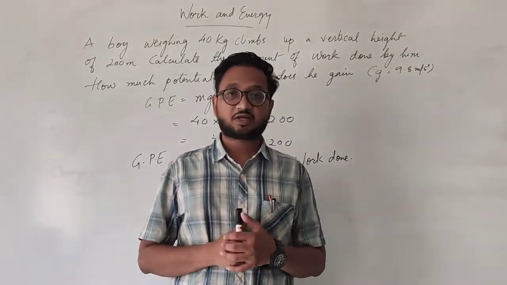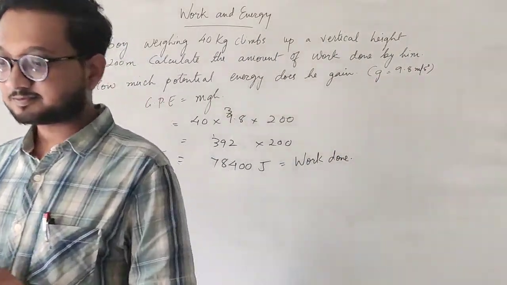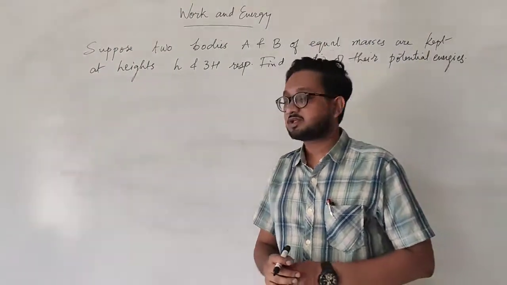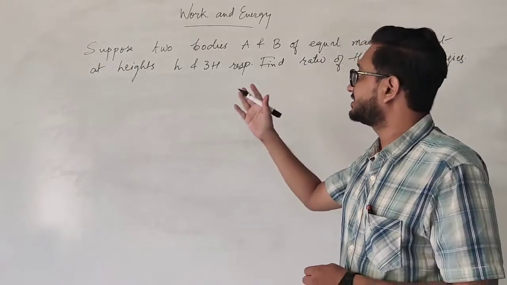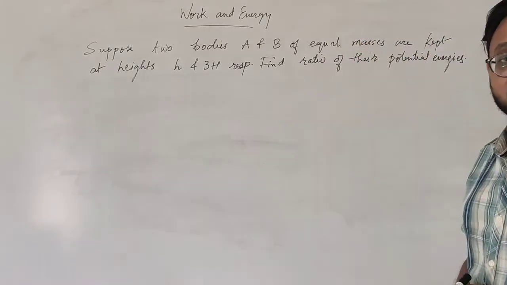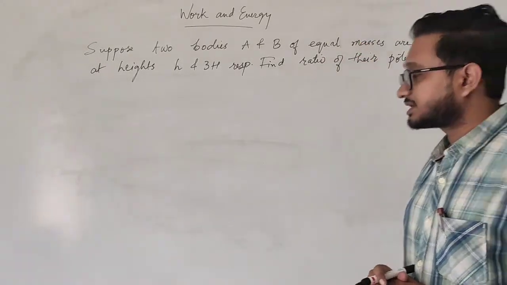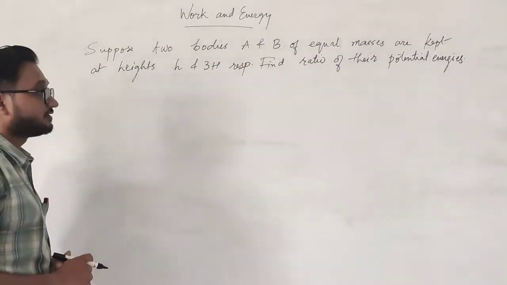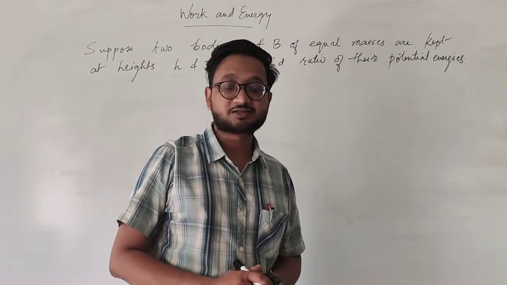Okay students, so let's move on to the next one. The next question is quite simple students. You have been given that suppose two bodies A and B of equal masses are kept at a height of h and 3h respectively. Find the ratio of the potential energies.